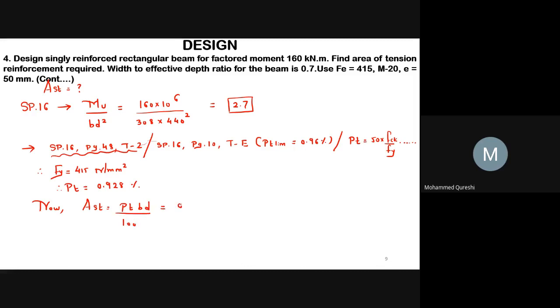So the value of PT as 0.928 into the value of b as 308 into the value of D as 440 upon 100. You will get capital AST as 1257.6 mm square.